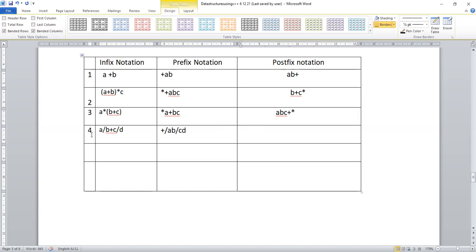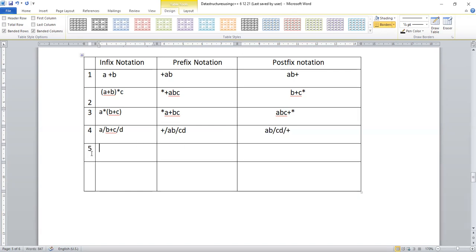Okay, so in prefix notation, whereas in postfix notation, look at AB slash CD slash plus. Okay, this is postfix notation.